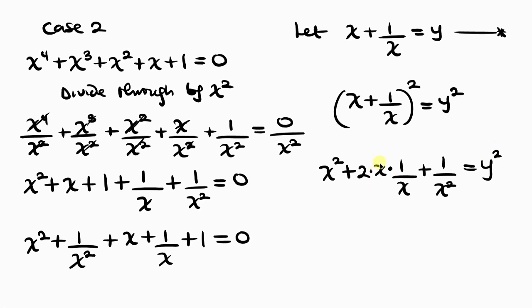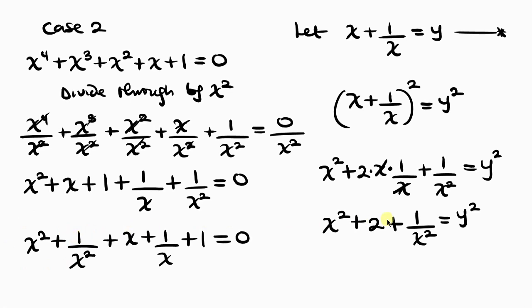Now notice that x can cancel off x so that we have x squared plus 2 times 1, that's 2, plus 1 all over x squared to be equal to y squared. Now I'm going to be arranging this so that it looks like this.